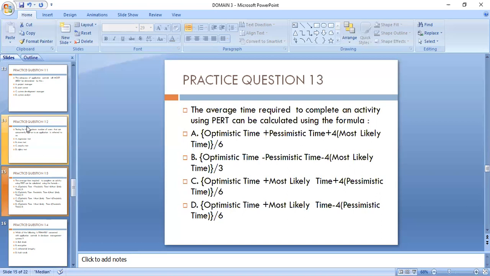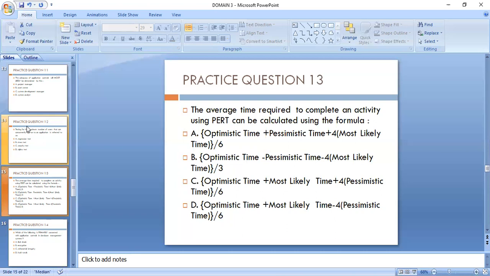Then D, optimistic time plus most likely time minus 4 times pessimistic time divided by 6. Now, this is a project management question very relevant for CISA examination, even though you might not see a question like this exactly in the live CISA exam, but I deliberately included it to reinforce your knowledge in project management.